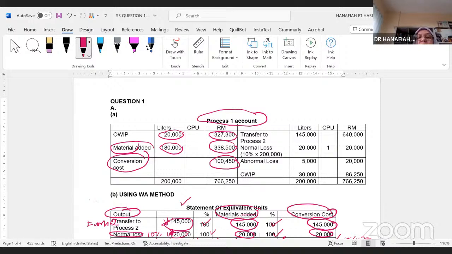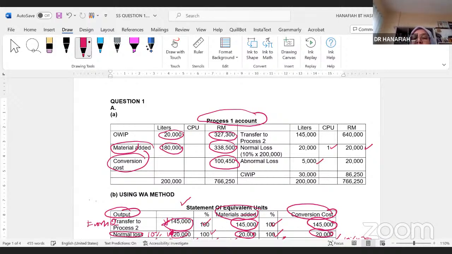If you want to prepare the process account first, you can, however, you cannot have certain figures here. So normally we stand by the column and prepare the weighted average method first, and then only I will go to the process account. Normal loss can be sold at 1 ringgit, so this is your 20,000.